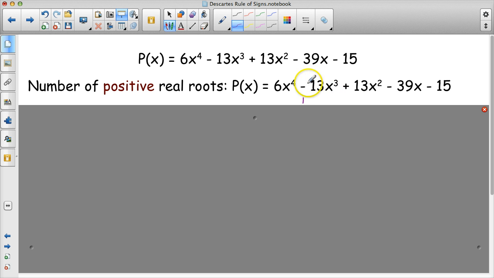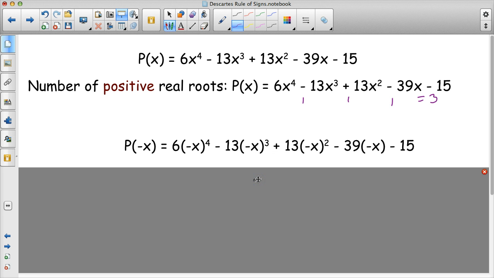And then negative 13x cubed plus 13x squared, that's another sign change. And positive 13x squared to negative 39x, that's another sign change. But then we go to negative 15, that's not a sign change. So that means that we have 3 sign changes. What does that mean? That means that we either have 3 positive real roots or we have 1 positive real root.